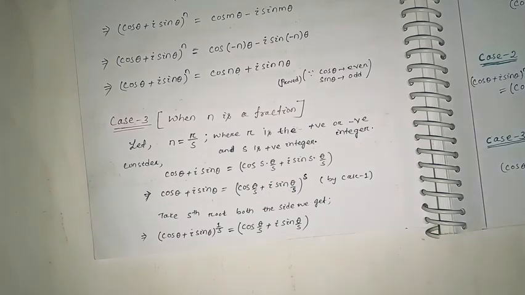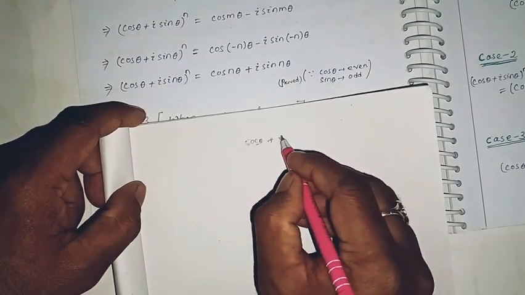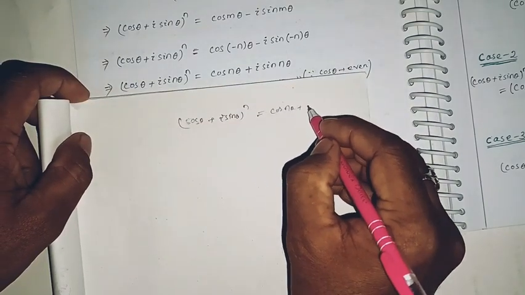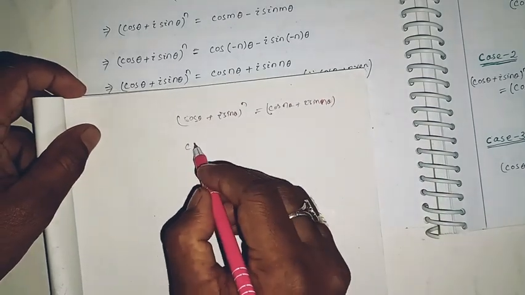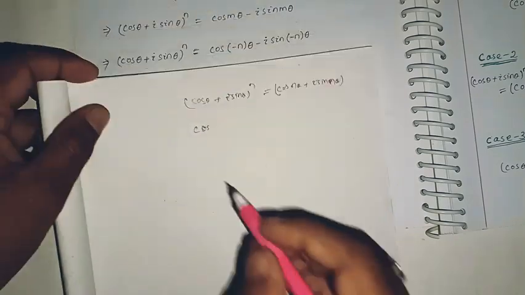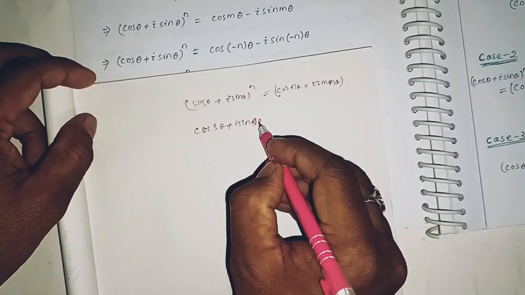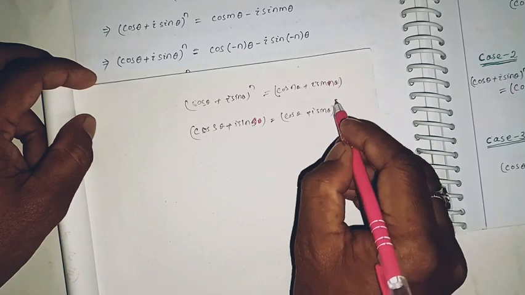Case 1 tells that (cos theta plus i sin theta) to the power n will be equal to cos n theta plus i sin n theta. So if we have cos s theta plus i sin s theta, it can be written as (cos theta plus i sin theta) to the power s.